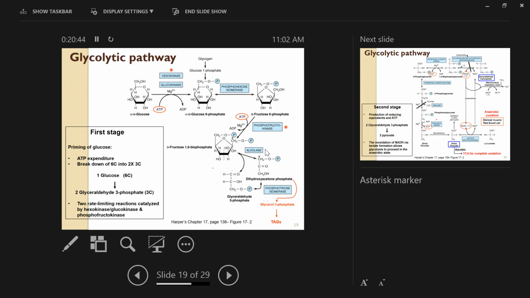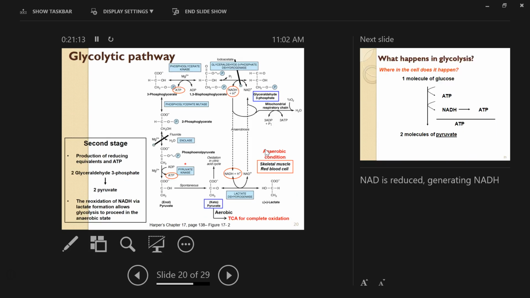For example, in the quiz you already did this, right? If you compare brain cells versus red blood cells, the product will be different. In the ATP production, you want to be able to calculate it, and the purpose is just to help you become familiar with the metabolic pathway of glycolysis.